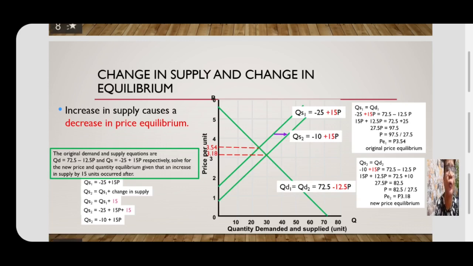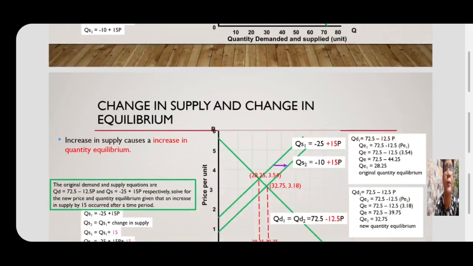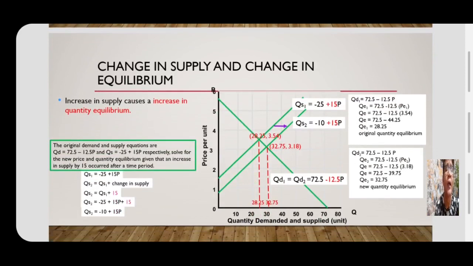Let us now move on to the next slide. The next slide will only compute for quantity equilibrium based on the previous slide, given the same equations for demand and supply emphasized in the last slide.